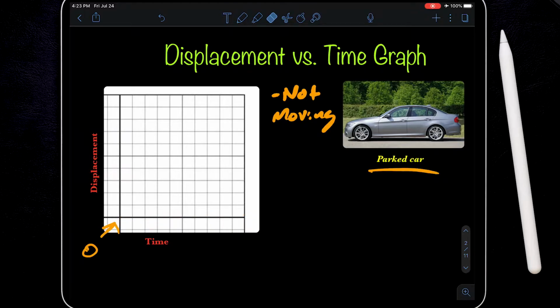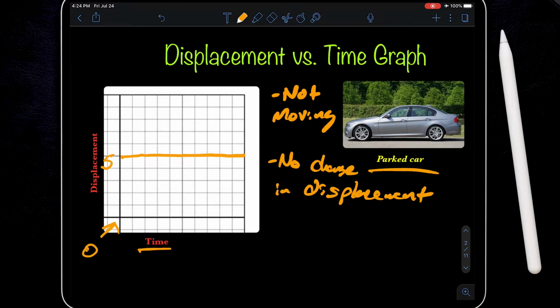But in reality, this line could be anywhere. It could be up here as well. Because if it started, and let's say this is 5, if it started at 5, the parked car is going to stay at 5. So as time is going by, there's no change in its displacement. So let's write that down. No change in displacement, okay?